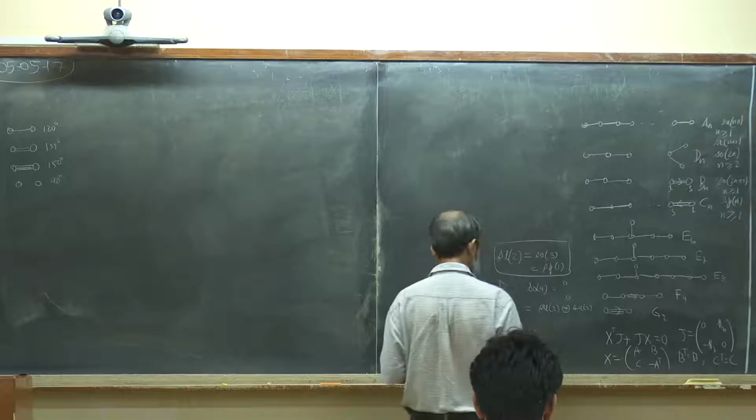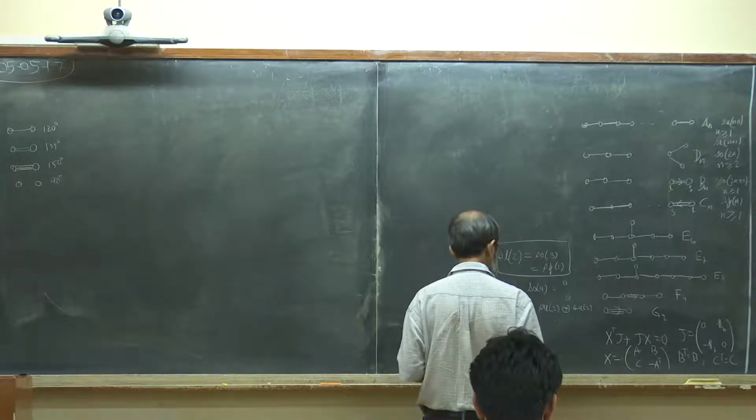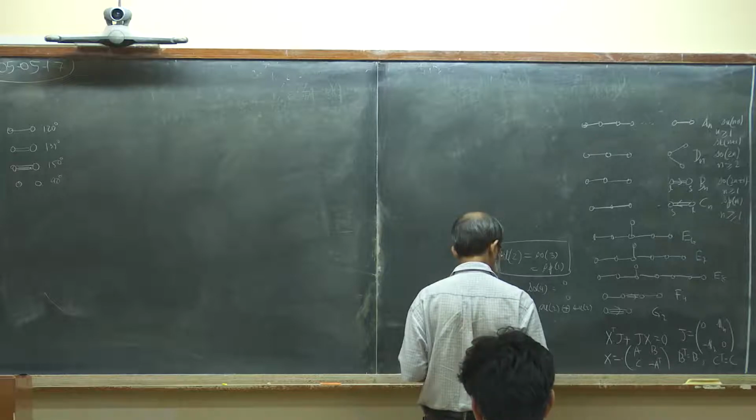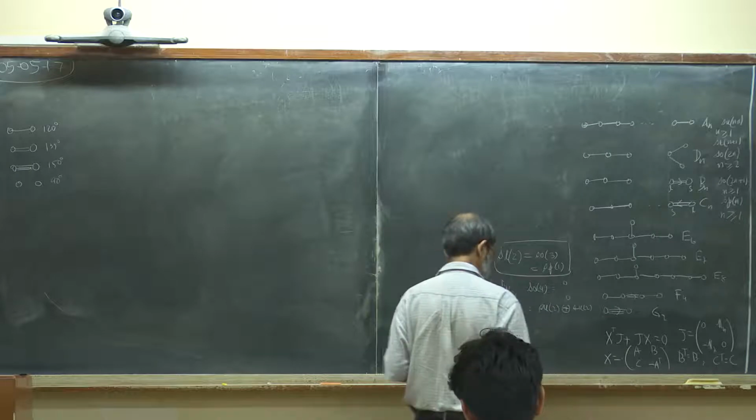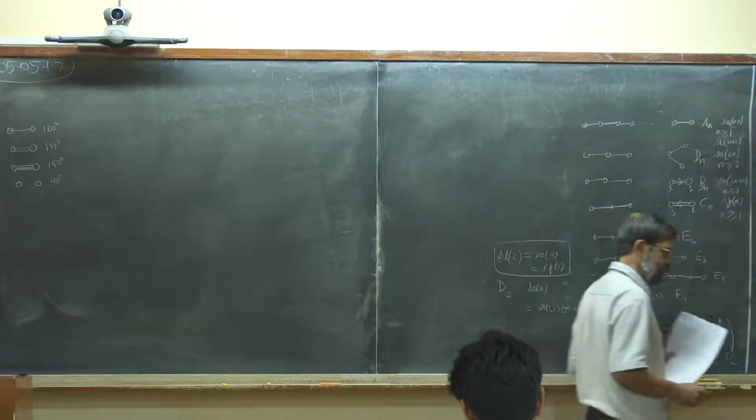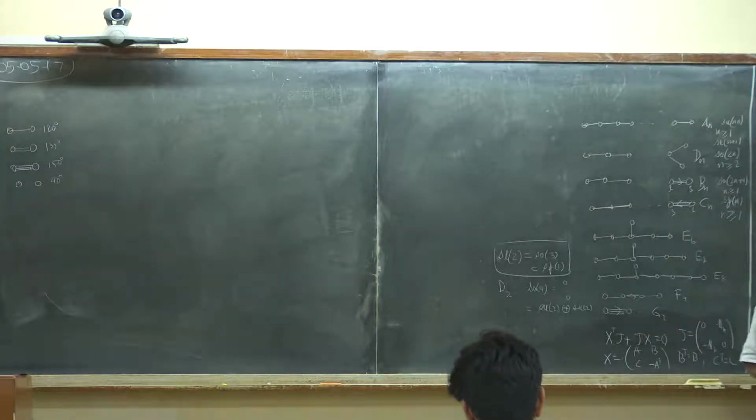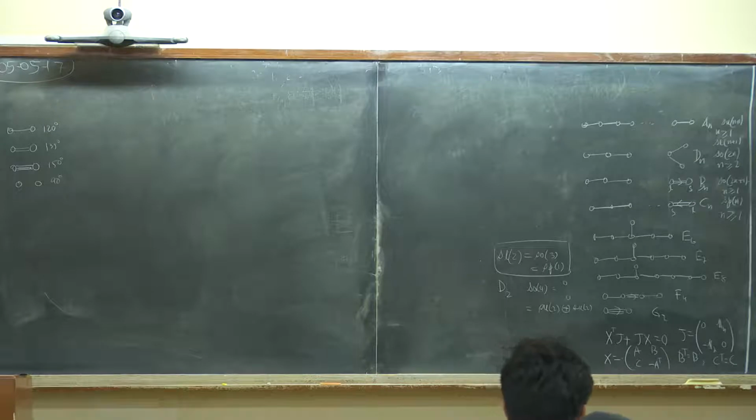I mean, what I was remembering is this: in the group SO4 and all the SU2 cross SU2, I mean (0,0), (0,half), (half,0), do they all occur? You mean you're talking about the spinorial representation, for example? Yeah.